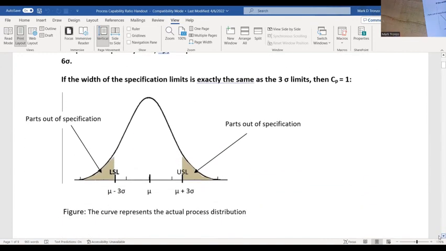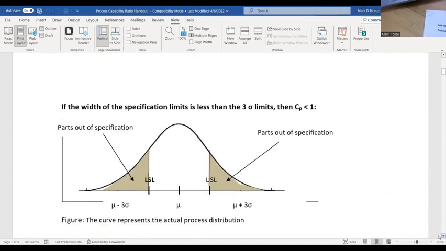Obviously, if you're outside the limits, then these are going to be bad parts. But this would be the average good position. Your CP value is exactly 1. Things are exactly lined up.